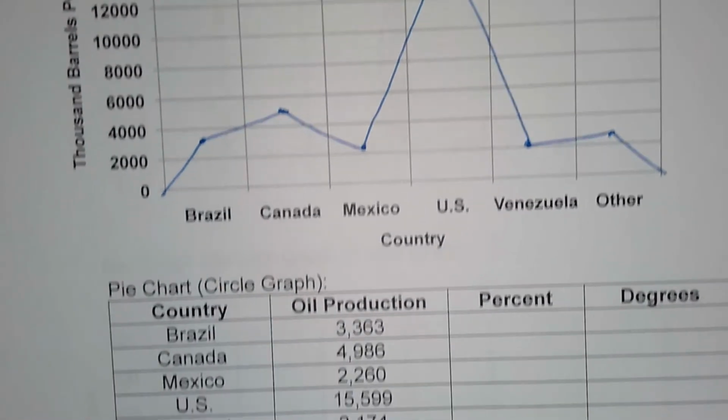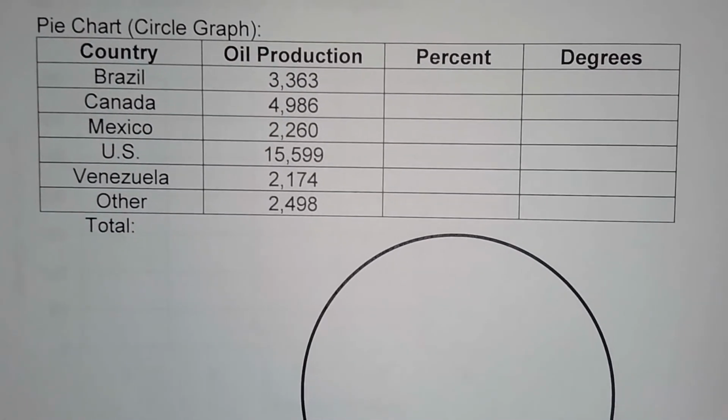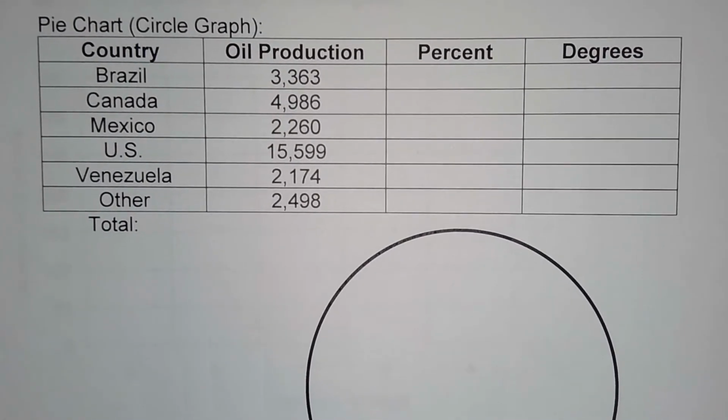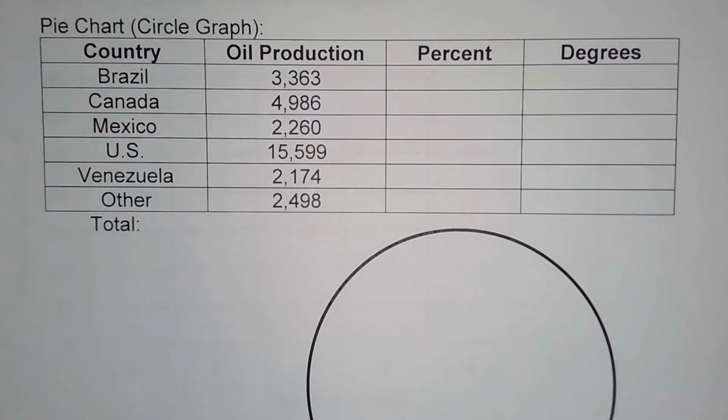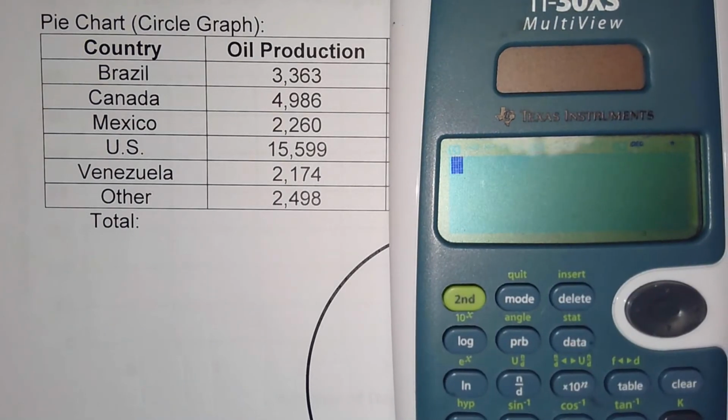Now to make a circle graph or a pie chart, that's a little bit more complicated. Because the first thing we've got to do is total up these numbers here. And we're going to have to figure out the portion of the circle that we're going to need. So I'm just going to quickly add these numbers up.